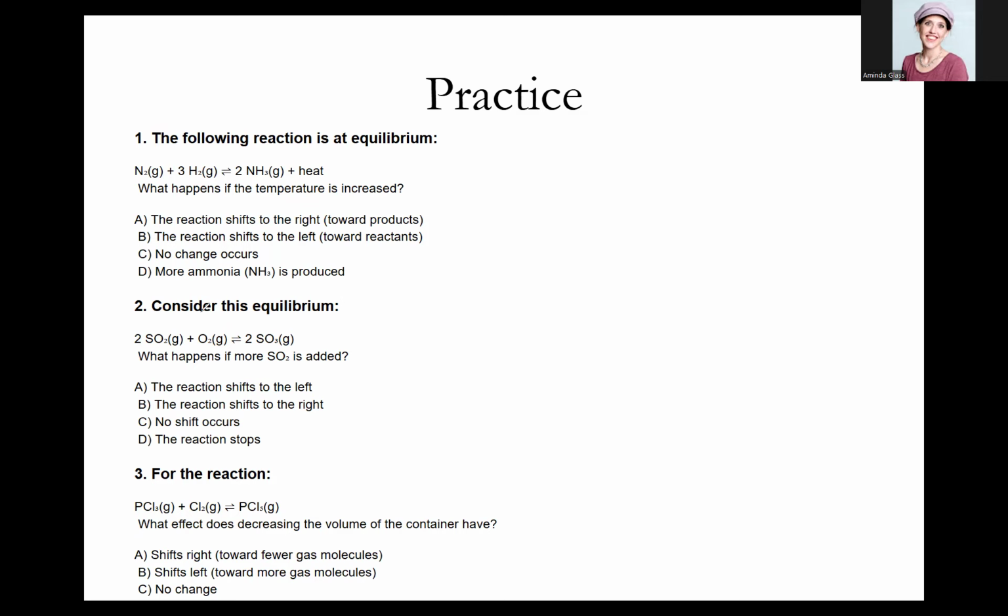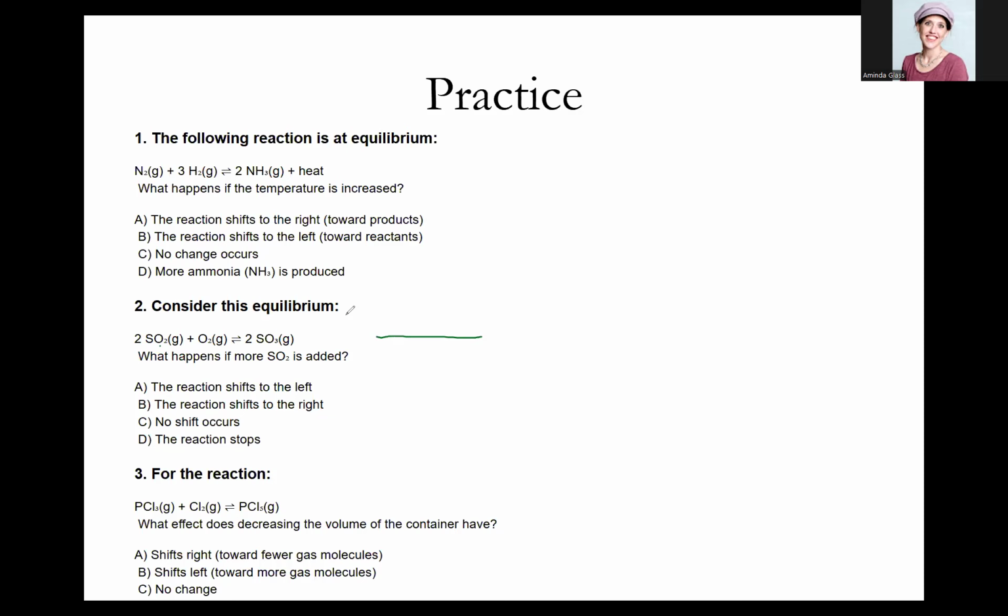All right, so let's look at 2. We have this equation: 2SO2 plus O2 produces 2SO3. So sulfur dioxide plus oxygen produces sulfur trioxide. What happens if we add more sulfur dioxide?